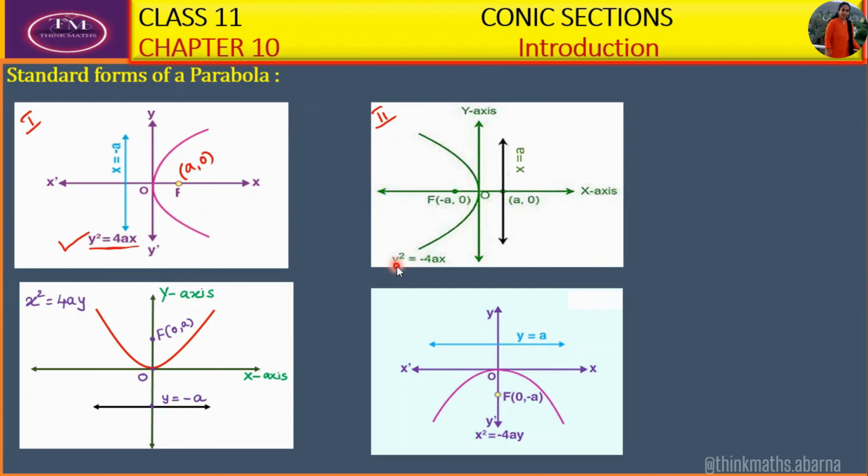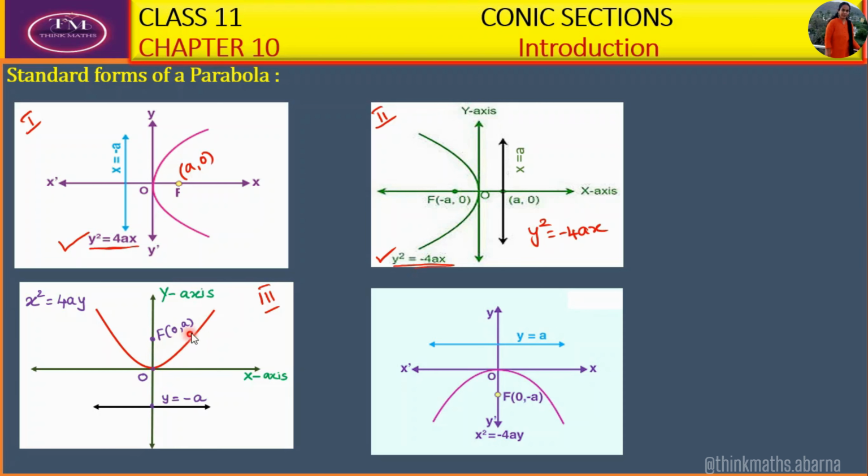Then the equation of the parabola is y square equal to minus 4ax. This is the equation of the parabola. Clear?